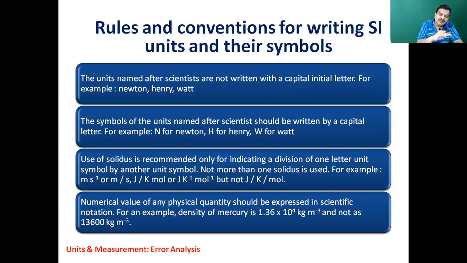So whenever you write in physics, it should be in scientific notation, 10 to the power, or 1.36 into 10 to the power 4 kilogram per meter cube, or you can write 13.6 into 10 to the power 3 kilogram per meter cube. It simply means that mercury is 13.6 times heavier than water. Okay? So this is how you have to write it. आगे चलते हैं.